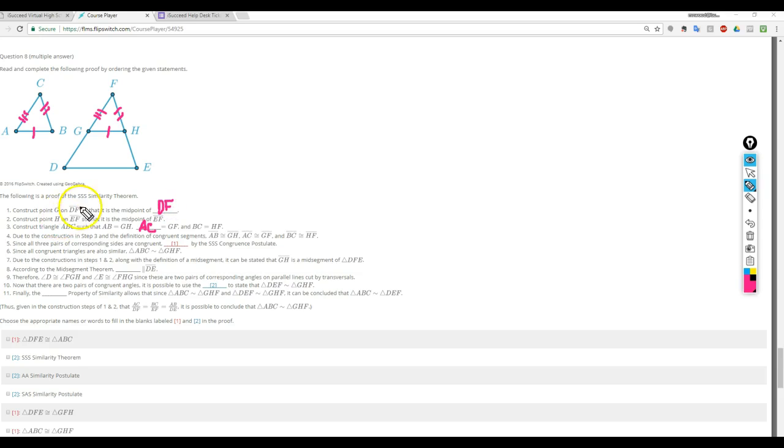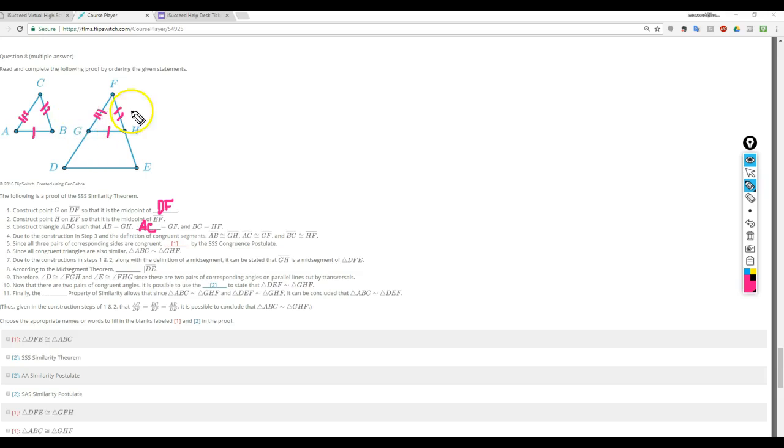Now, due to the construction in step 3 and the definition of congruent segments, segment AB is congruent to segment GH, segment AC is congruent to segment GF, and segment BC is congruent to HF.